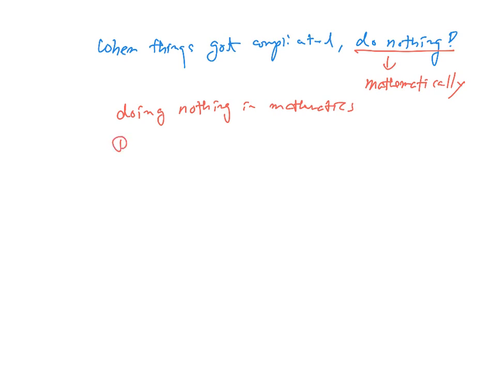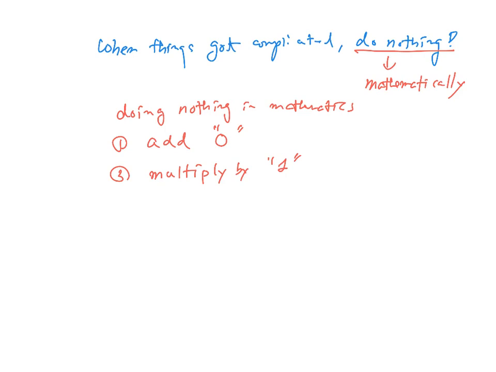So number 1, add 0. That's one way of doing nothing, right? Another is multiply by 1. That's another way of doing nothing, right?